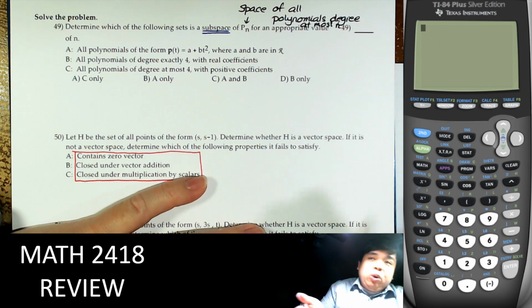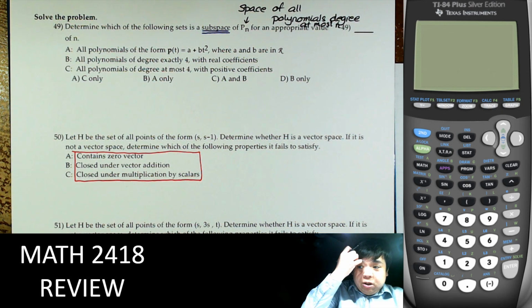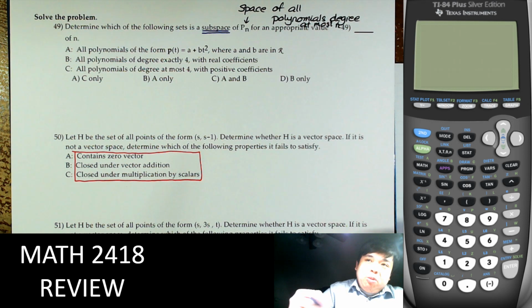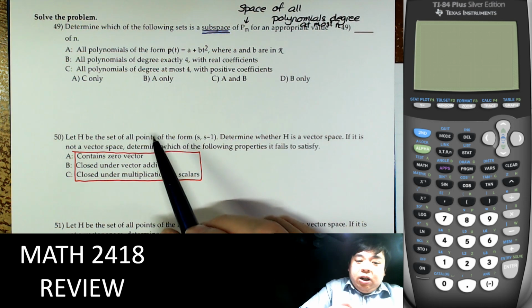If n is 3, we have a cubic, a quadratic, or anything less than that. The set of all polynomials of degree 3 or less will belong to P3.